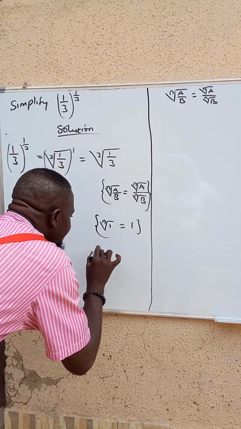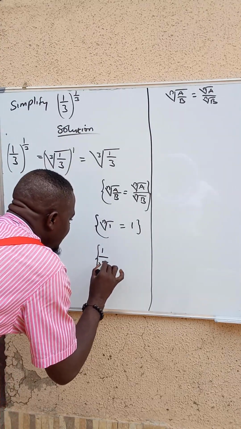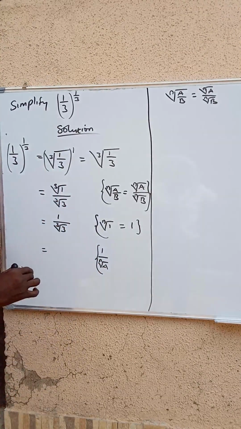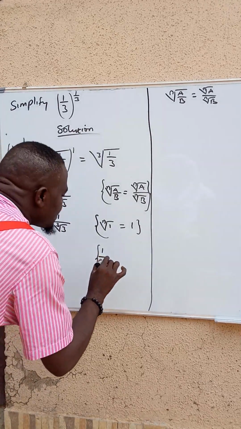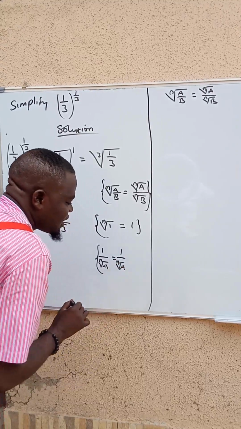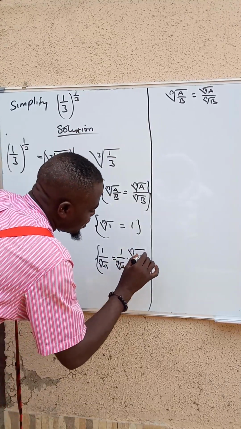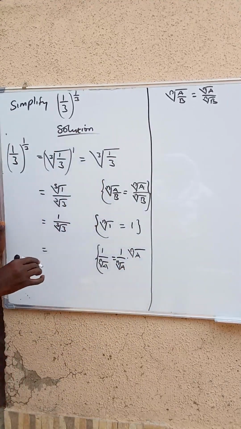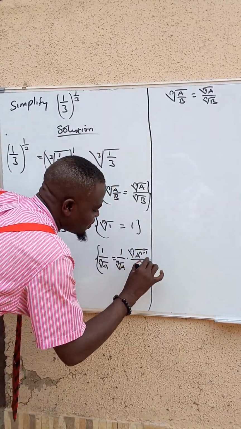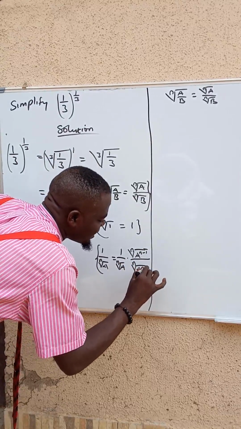If you have 1 over the nth root of a in this way, it will be 1 over the nth root of a dot the nth root of a raised to the power of n minus 1 over the nth root of a raised to the power of n minus 1.